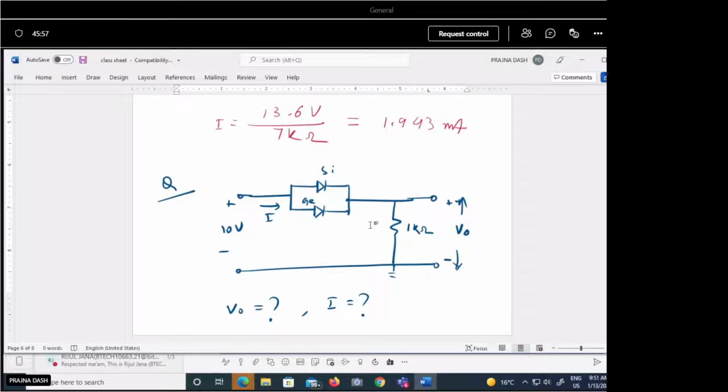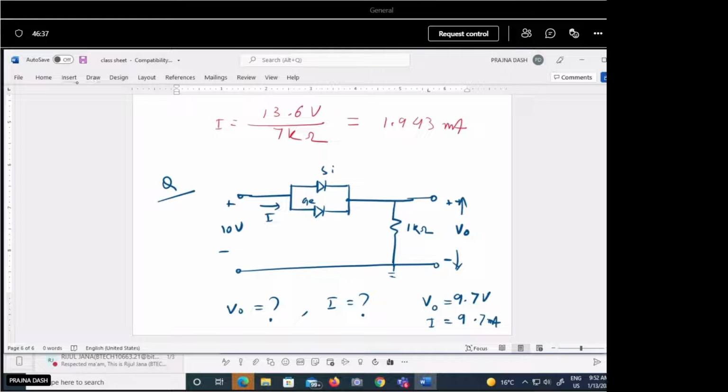The voltage is 9.7 volt, and the current how much? 9.7 milliampere. Yes.